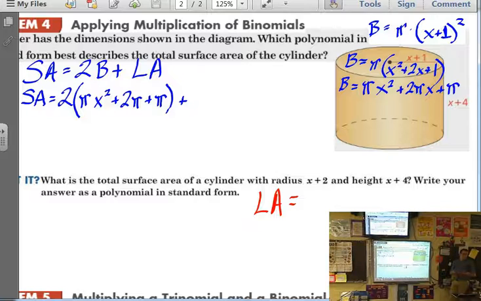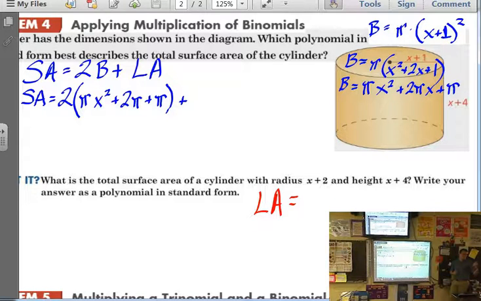Pi x. Now we're talking about lateral area. You're thinking of volume. If you use the base area, then you're talking about volume. The perimeter of the circle. What's the perimeter of a circle? Either diameter times pi or 2 times radius times pi.